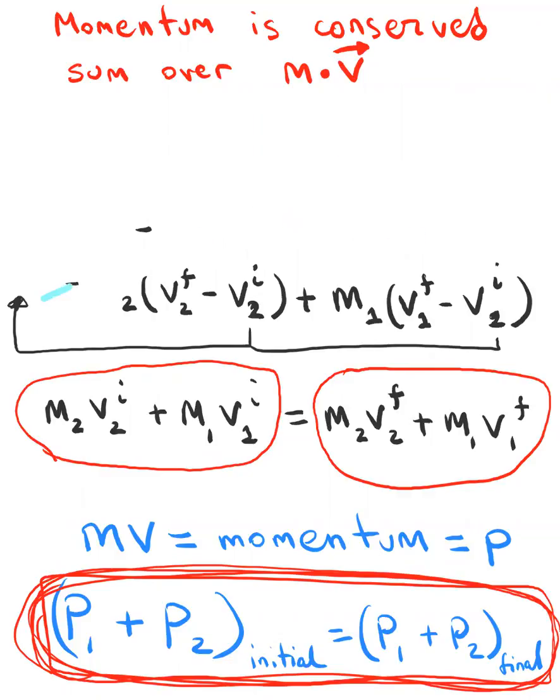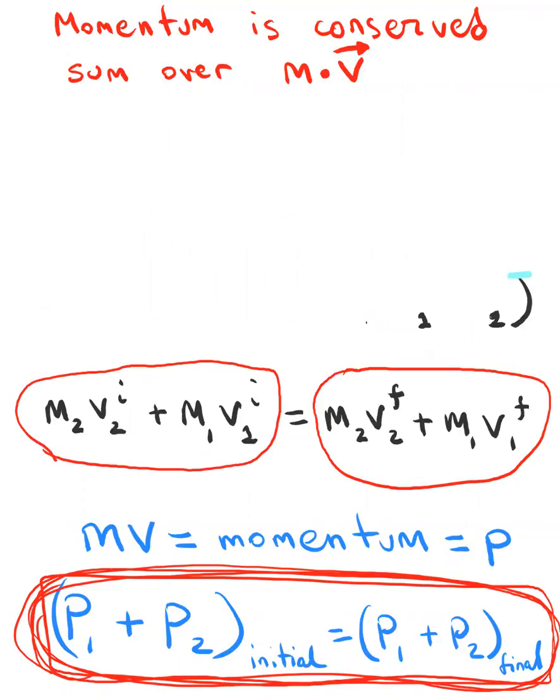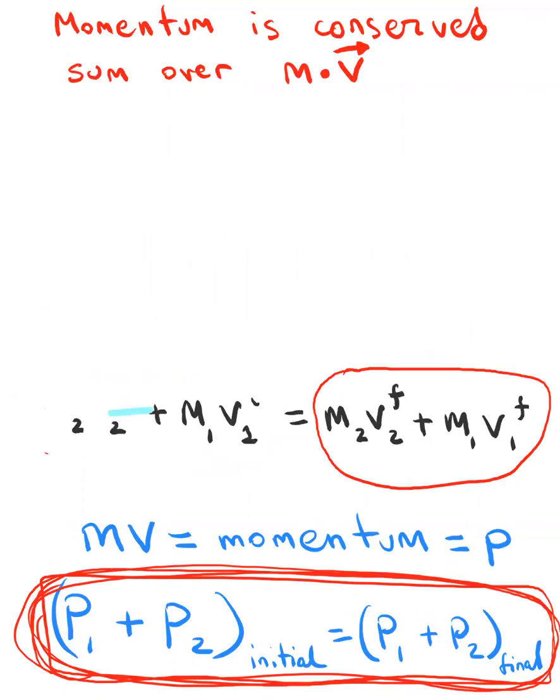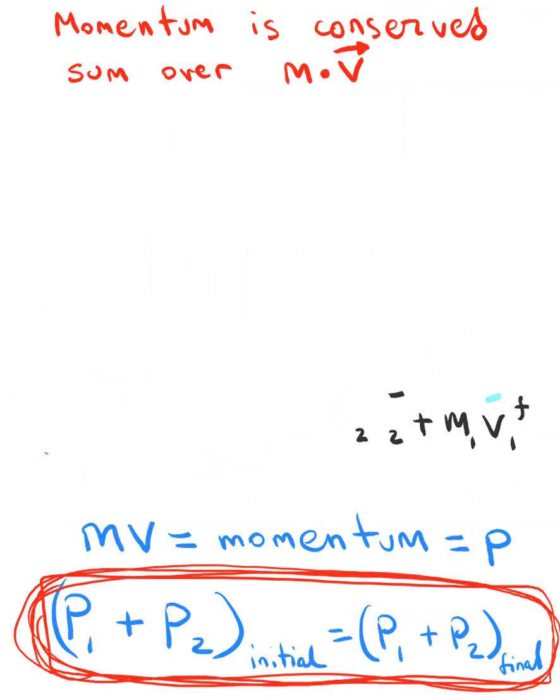This is very nice because now we have a second conservation law. We had conservation of energy, now we have conservation of momentum. There is one more thing that we know is conserved when things interact.